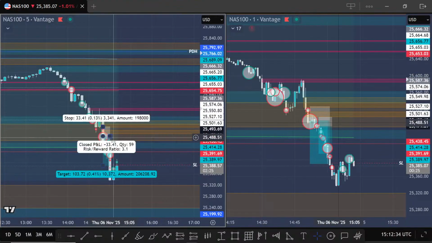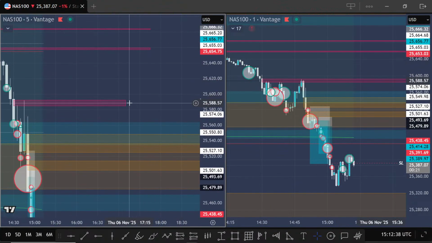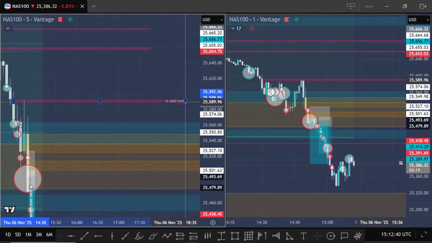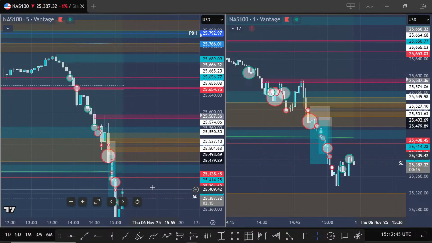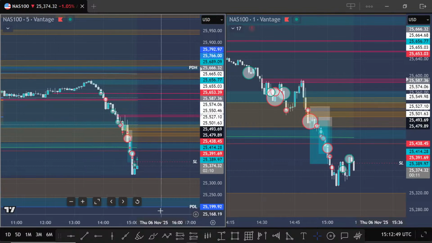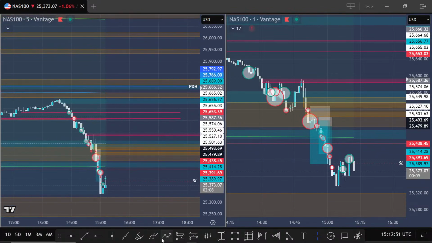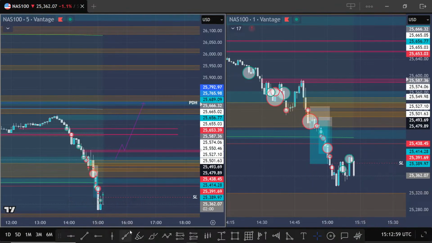Because if we come all this way down and then come all this way back up, I think we're going to go above the previous daily highs. We could well continue to go down. That's fine.